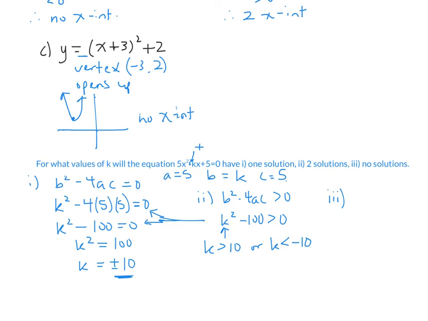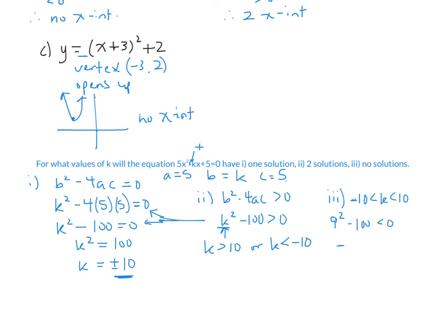If our k is between negative 10 and positive 10, we're going to end up with a value in here where we will get an answer that's less than 0. So let's say we had k being equal to 9. 9 squared is 81. 81 take away 100. So let's just talk about that. 9 squared take away 100 would end up being a negative value, a less than 0 answer.